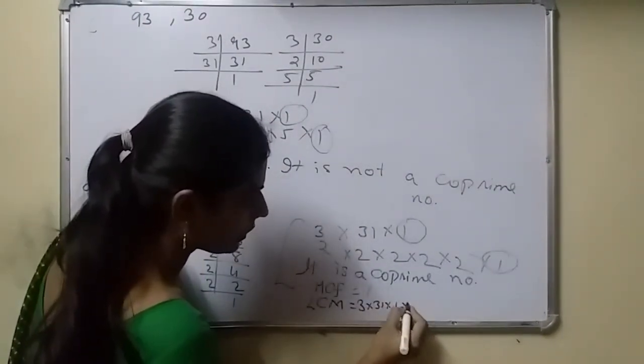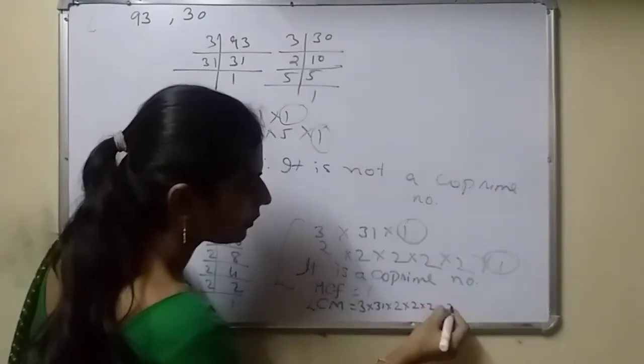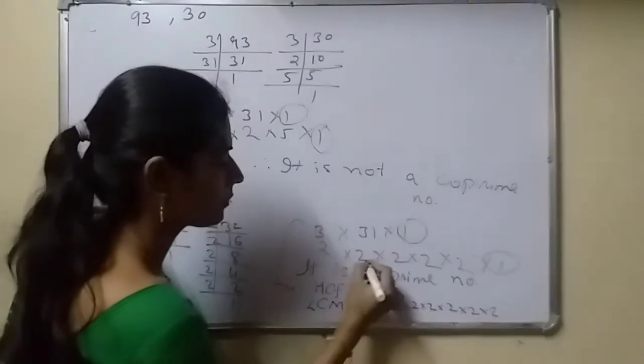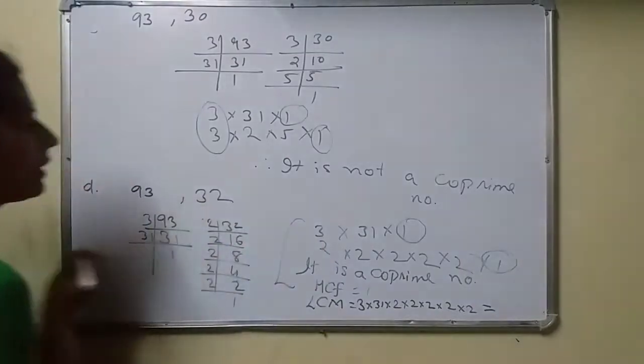And LCM is equal to, both numbers are given here, 3 into 31 into 1 into 2 into 2 into 2 into 2 into 2, and you have to find your LCM.